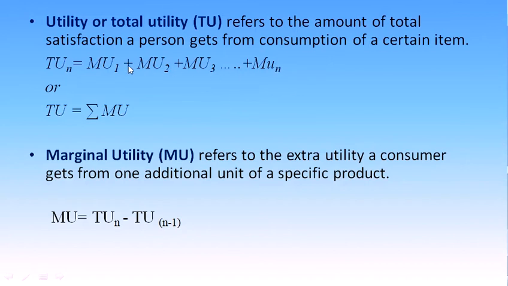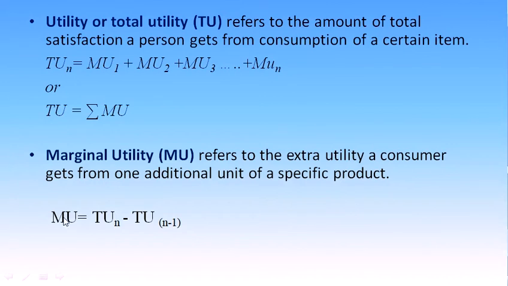So when we add all the marginal utilities, we get total utility. Instead of writing MU1 plus MU2 plus MU3, we can also write summation of MU. This is the summation sign, sigma sign. That means it is the addition of all the marginal utilities.